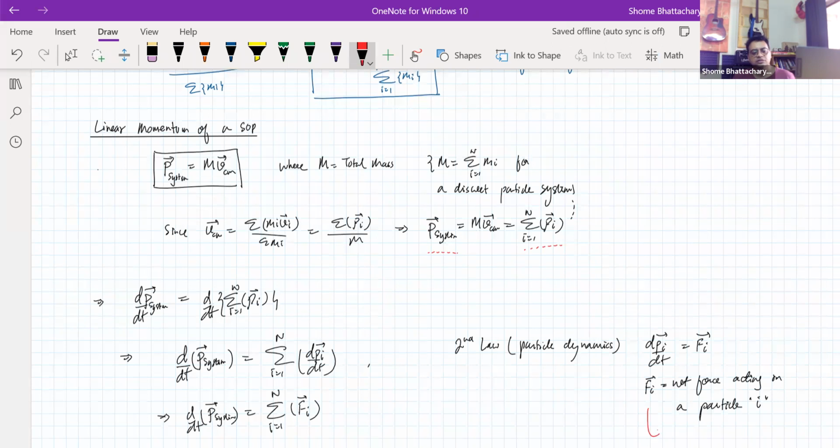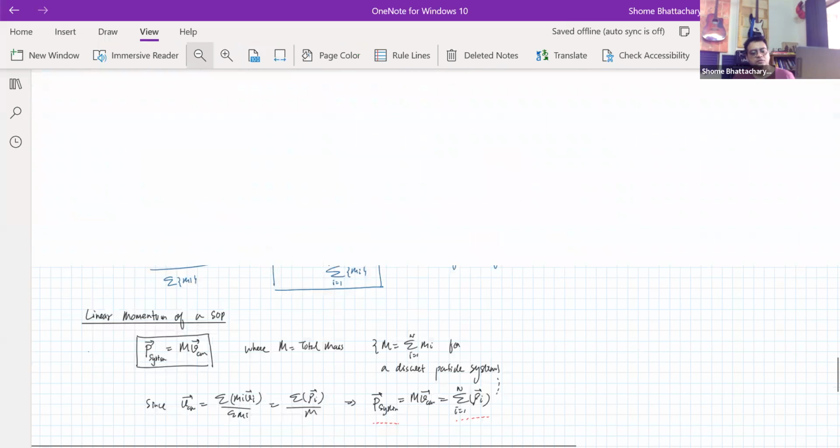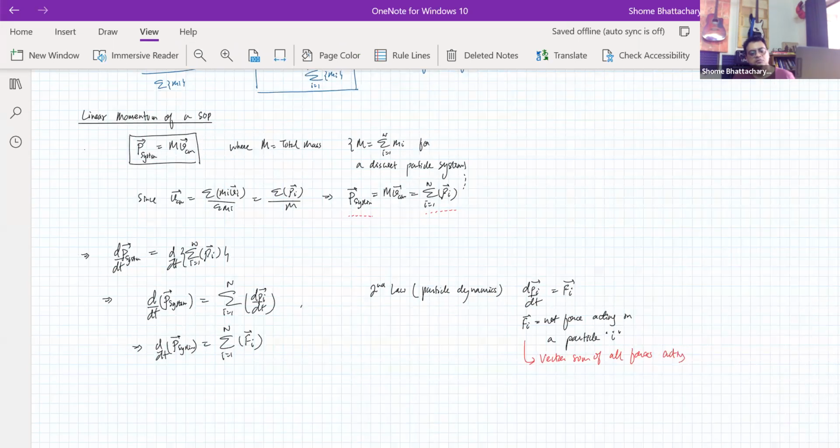So this net force is the vector sum of all forces acting on that ith particle. Therefore, summation Fi will become the sum of all forces acting on all particles of the system.